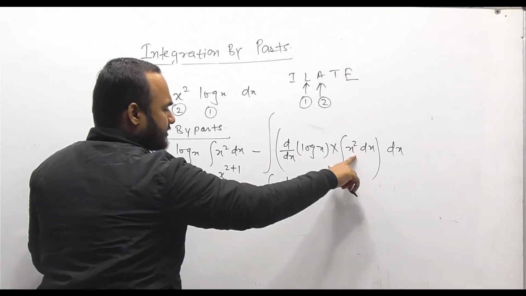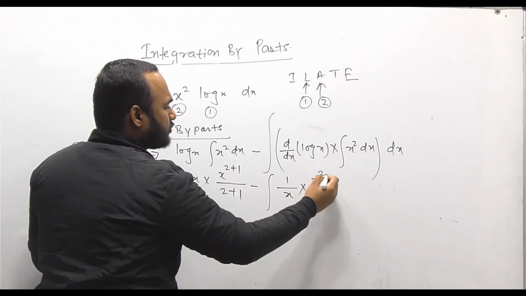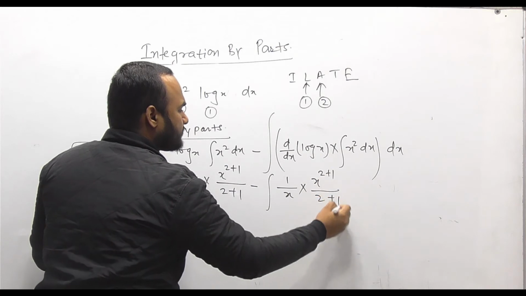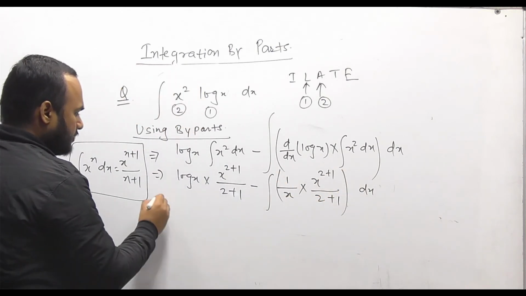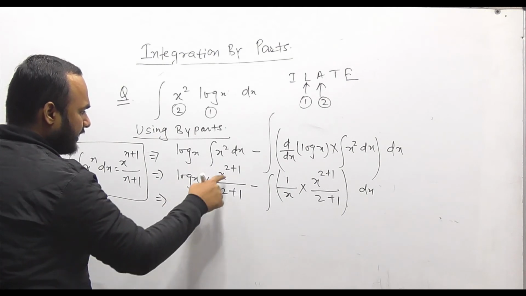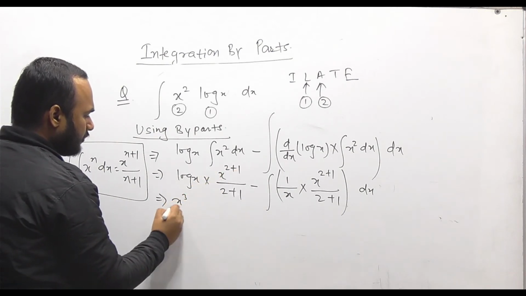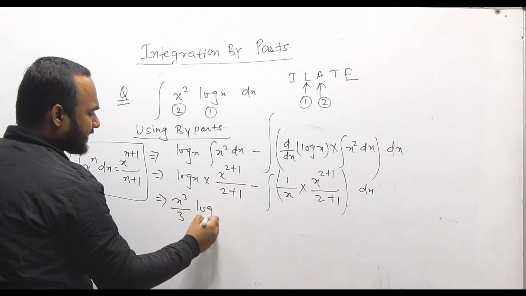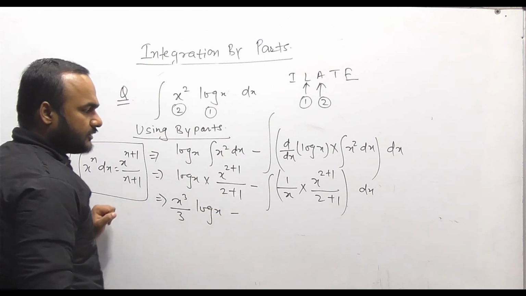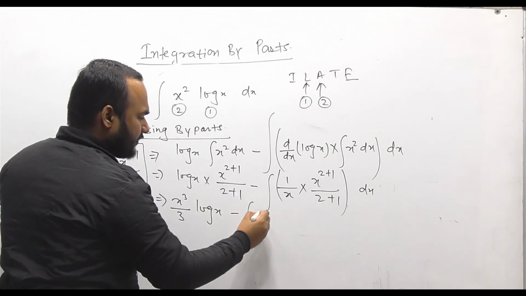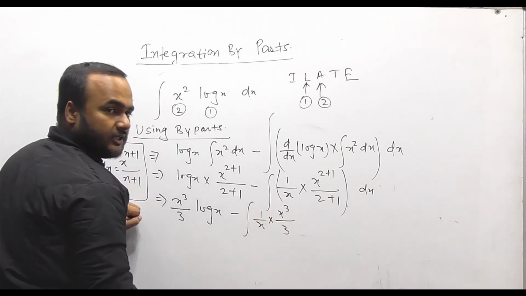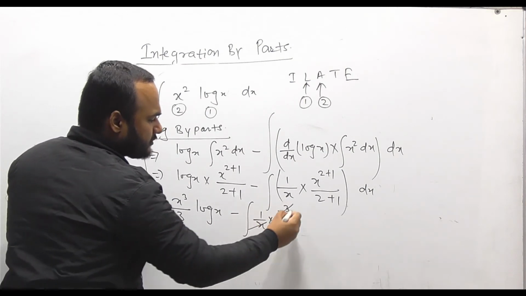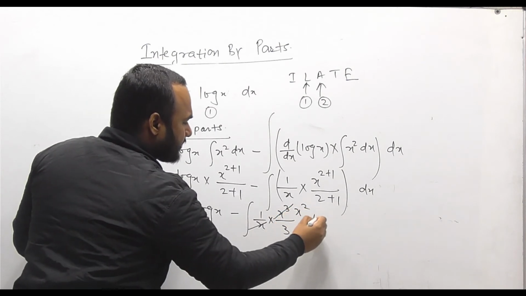The integration of x square will again become x to the power 2 plus 1 over 2 plus 1. Then the sign of the integration will come. So this has become x to the power 3 over 3 log x minus, since this is 1 by x and this will become x to the power 3 divided by 3, we can cancel out x to the power 3 using x and leave it as x square.